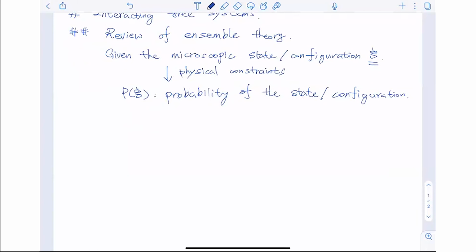By the way, why do I want to give this review? Because what we have discussed before the midterm is basically the fundamental framework for statistical mechanics.